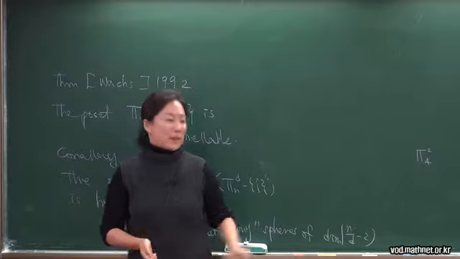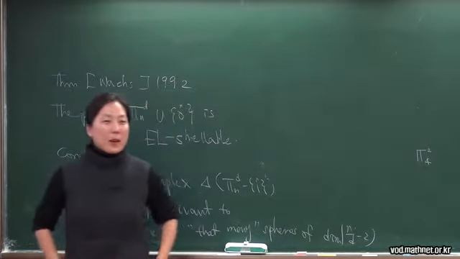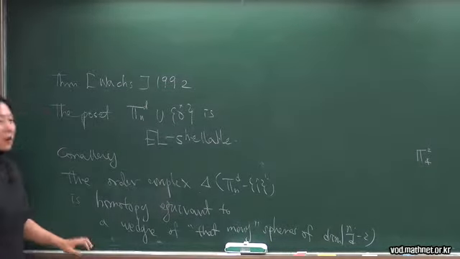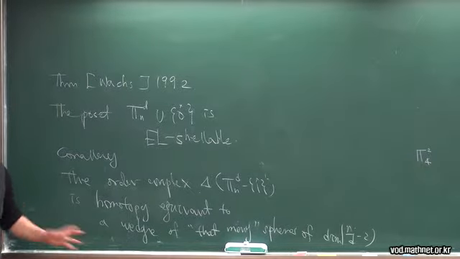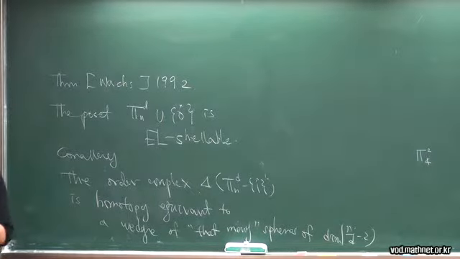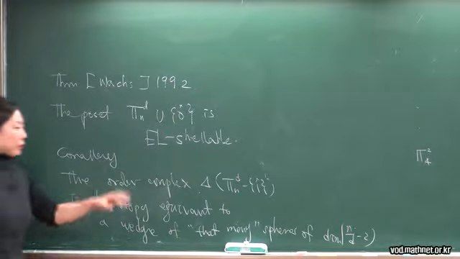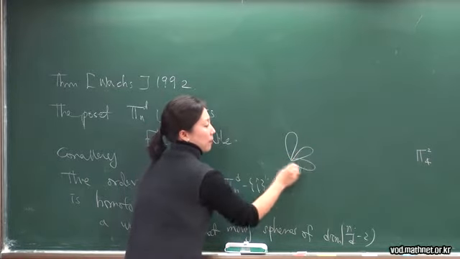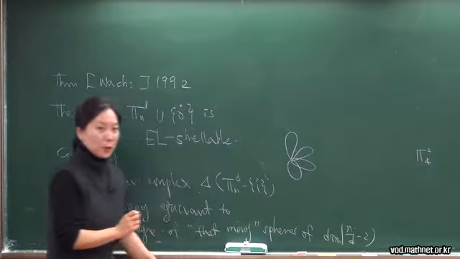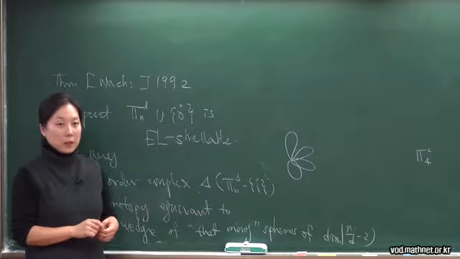Natural. Oh, okay. So here, if you can show the poset is EL shellable, you may say the order complex is homotopy equivalent to some wedges. So we may have the shelling for the wedges here.